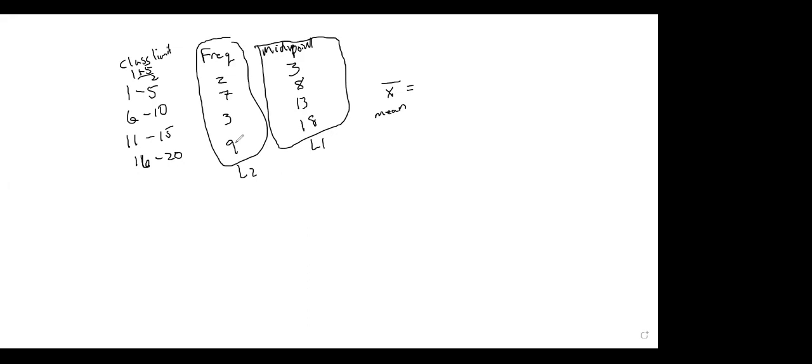First one I'm going to call L1. And the second list I'm actually going to call frequency, just so I see it. I'm just going to put FR. Okay, and I'm going to type in these numbers. So midpoints go in the first list, 3, 8, 13, and 18.